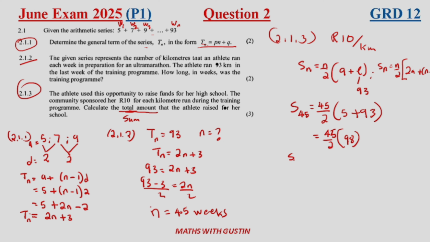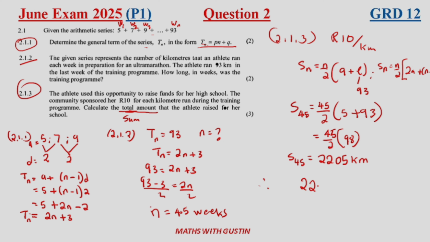So the total amount of kilos ran in 45 weeks is going to give us 2,205 kilometers.